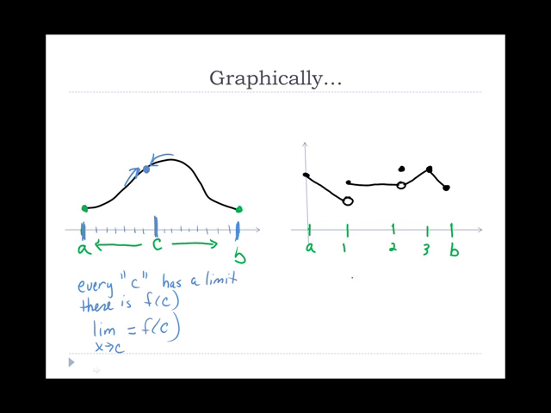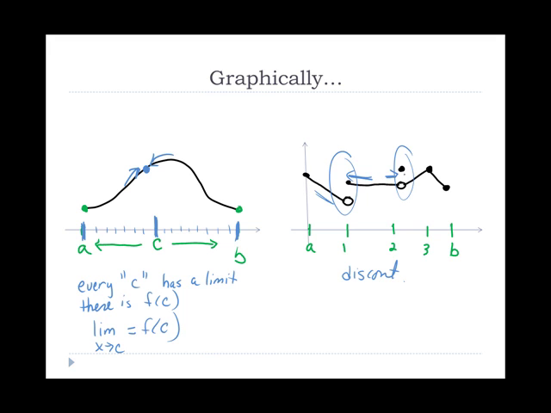So that's what you technically have to go through mathematically in order to say that there is a continuous function. I think it's pretty clear that over here we have lots of points of discontinuity, and so we have a function that is discontinuous. We've got an issue here as well as an issue here. Here the limit from the left does not equal the limit from the right, so that right there says it's not continuous.